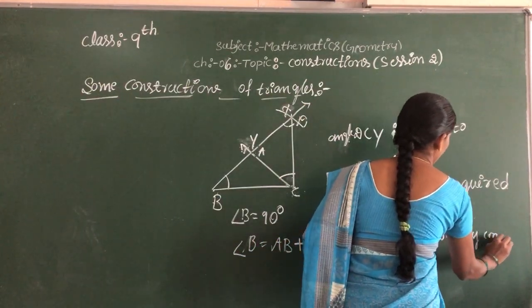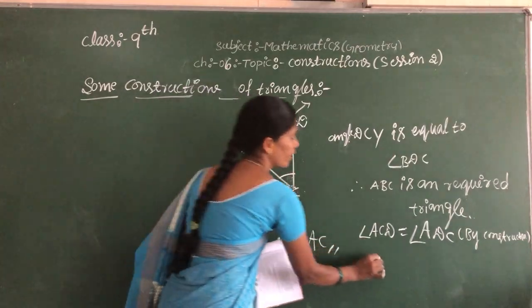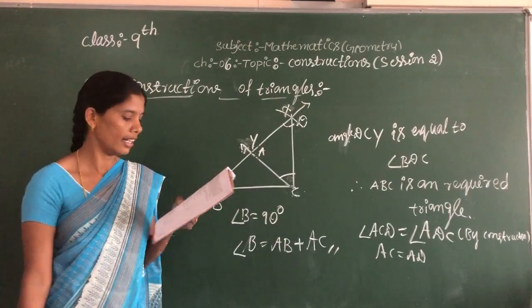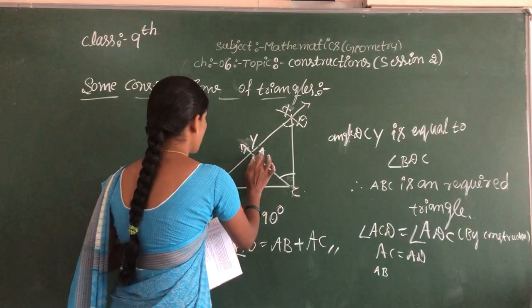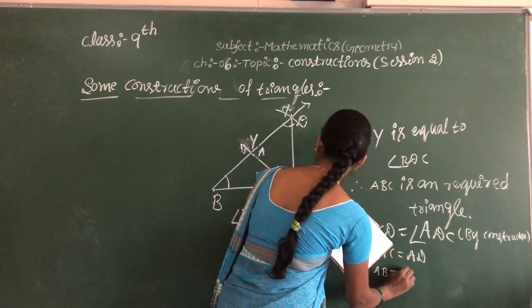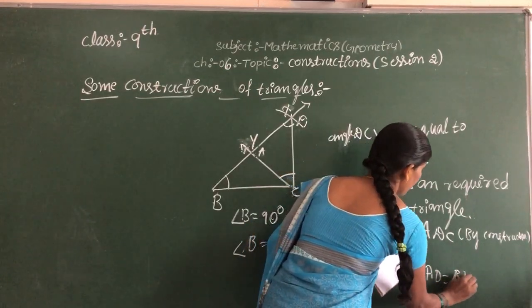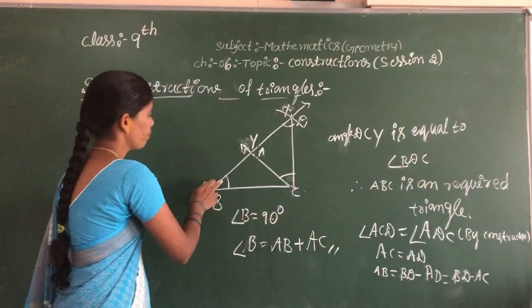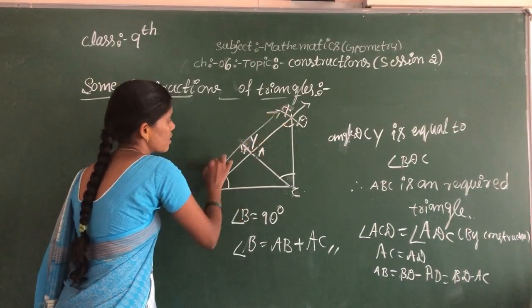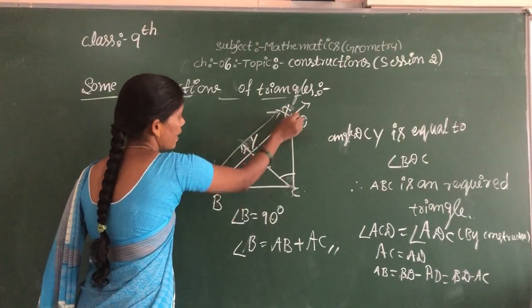So AD is equal to BD minus AB. You see children, AB is equal to BD minus AD, the total distance minus AD, and BD is equal to AC.